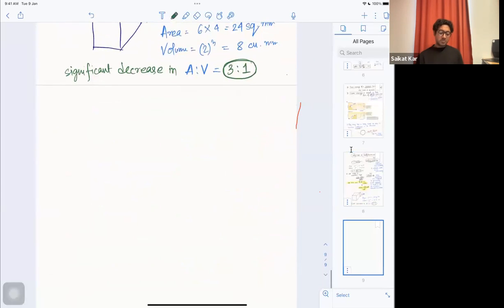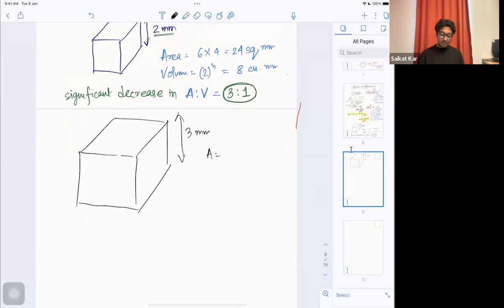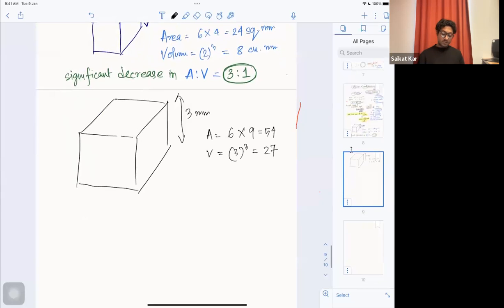Similarly, you'll find if the size is more, say 3 millimeter, now area is 6 into 3 square, that is 54, and volume is 3 cube, 27. How much is that? 2:1. Very less.